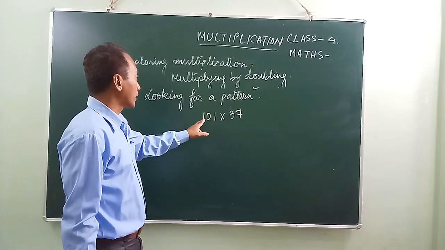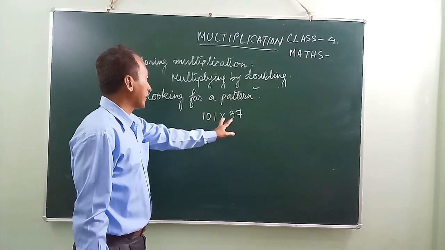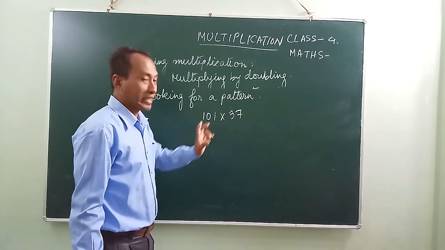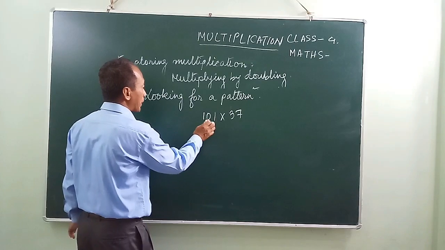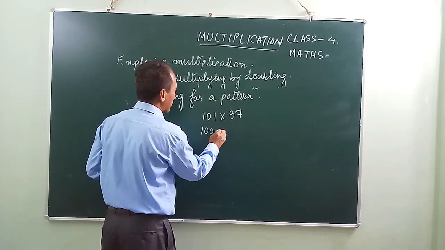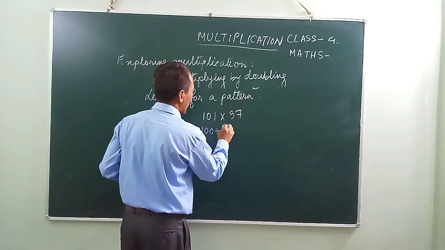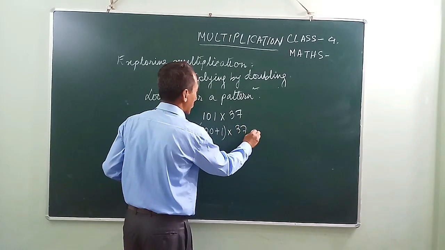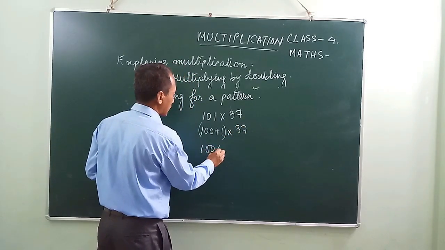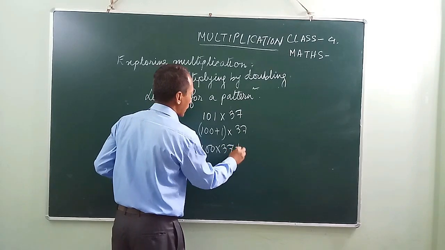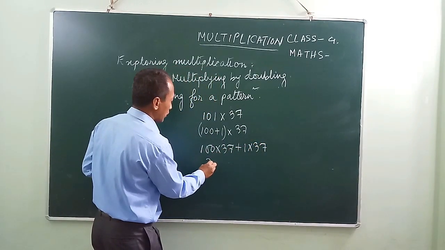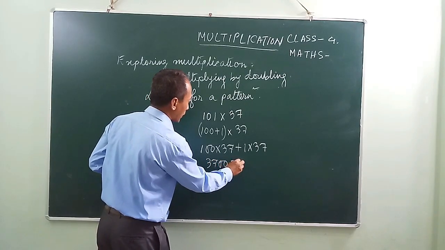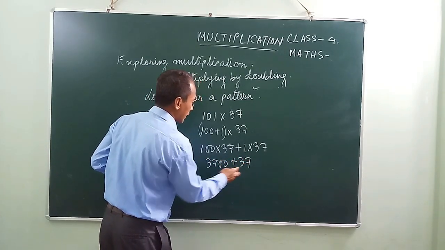Next topic, we are going to look for a pattern. Looking for a pattern. So I am giving you two factors here: 101 into 37. We can break up 101 into 100 plus 1 into 37. So we get 100 into 37 plus 1 into 37. So we get 3700 plus 37 ones are 37.